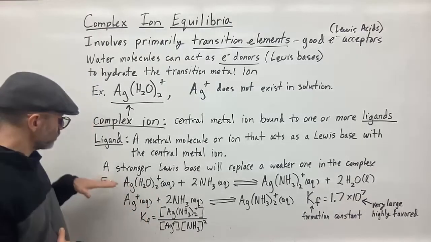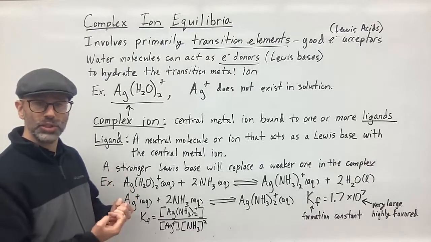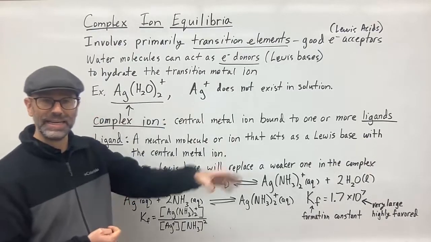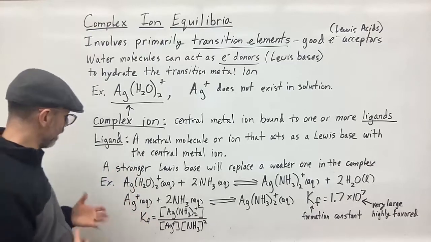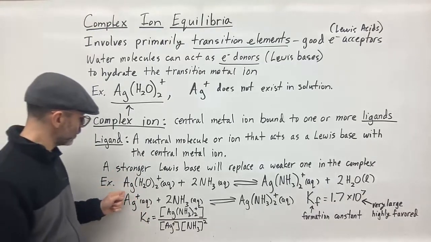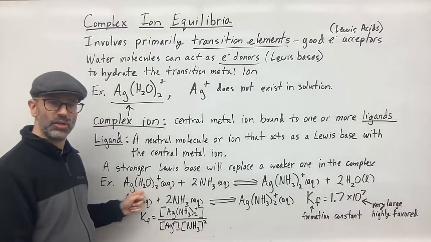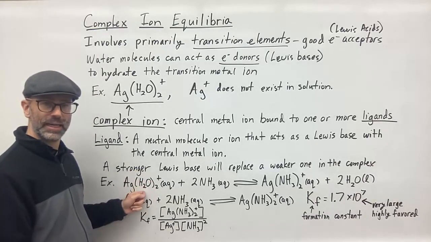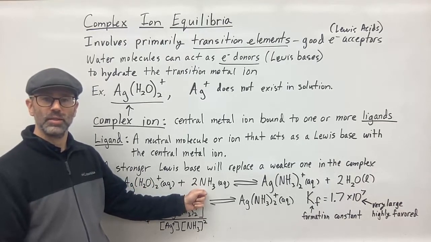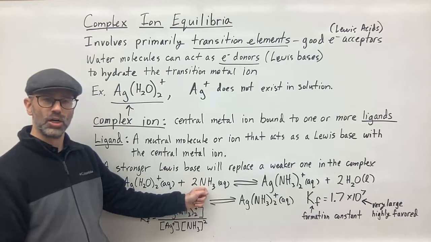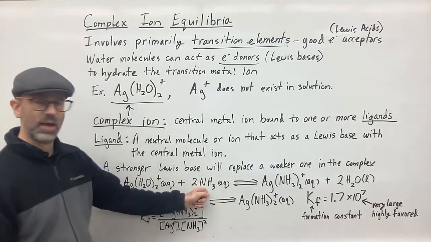The other thing to note is if you have a stronger Lewis base and you throw that in, it will replace a weaker one in the complex. So for example, let's take our silver ion that has the complex with water. We have this complex ion here, and we throw in some ammonia. Ammonia is a stronger base than water. It's got lone pairs on the nitrogen.